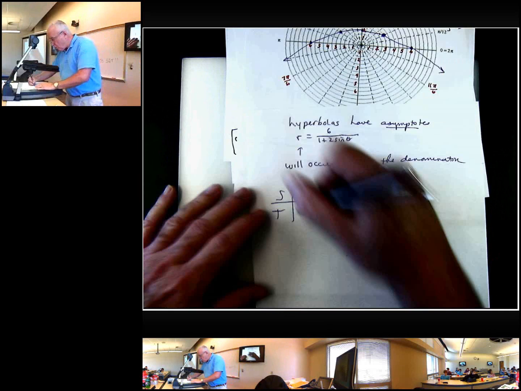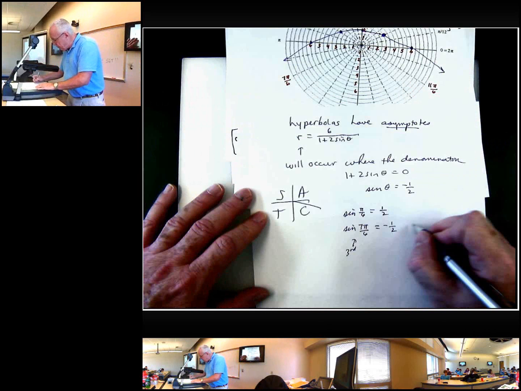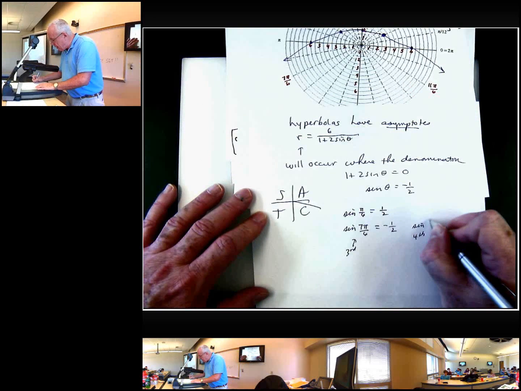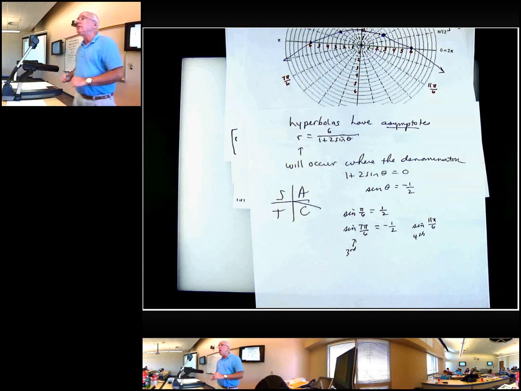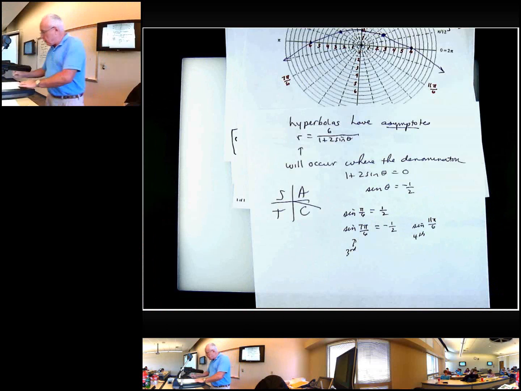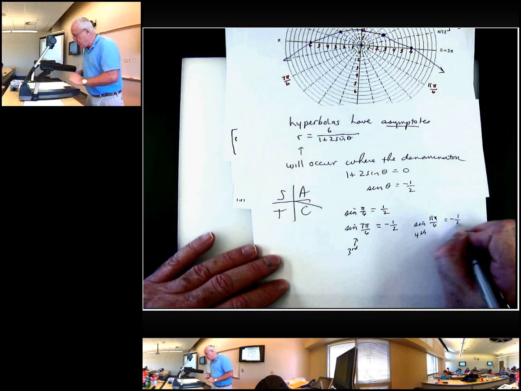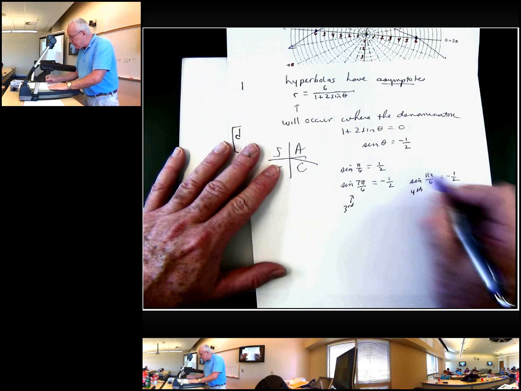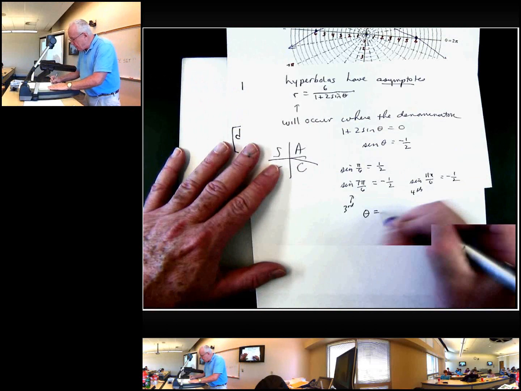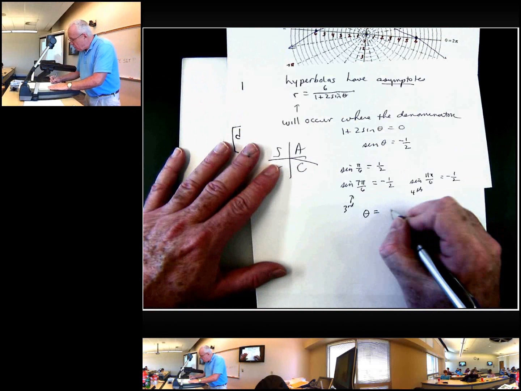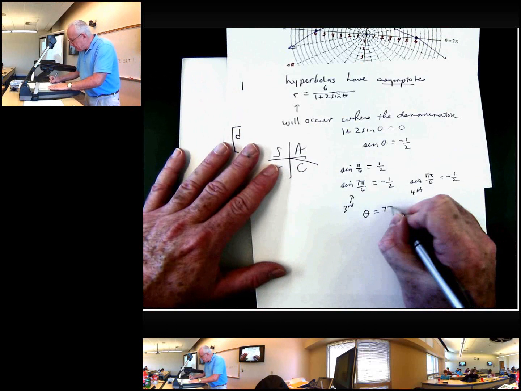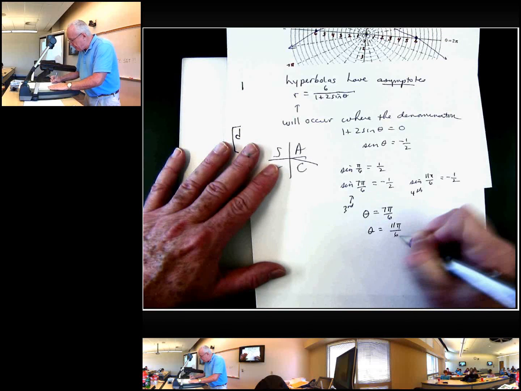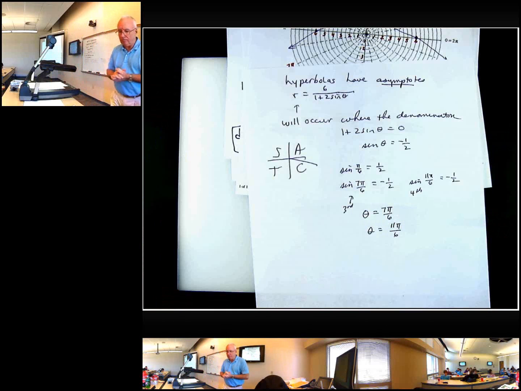And then in the fourth quadrant over here, the sine of 11 pi over 6 is also going to equal negative 1/2. So the two angles where we're going to have asymptotes are theta equals 7 pi over 6 and theta equals 11 pi over 6. Okay.